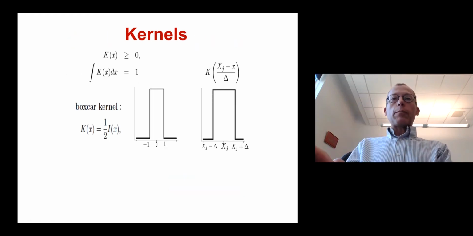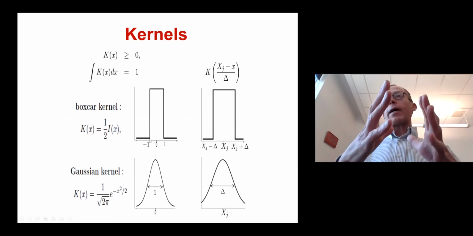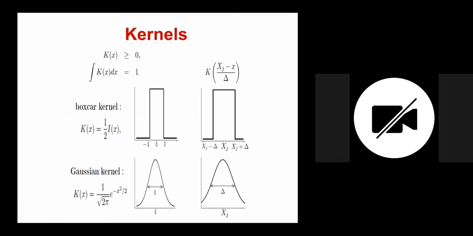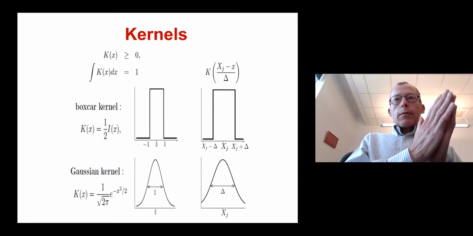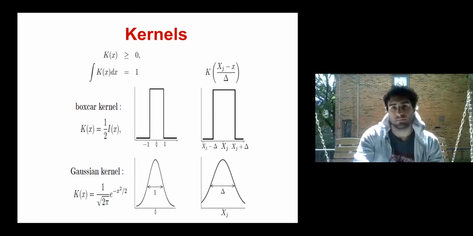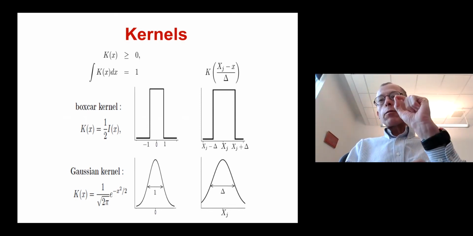Rather than a box kernel, which is very sharp, where anything inside is 1 and anything outside is 0, which might not be the best option. Why? Because if you have things that are very close to the boundary.